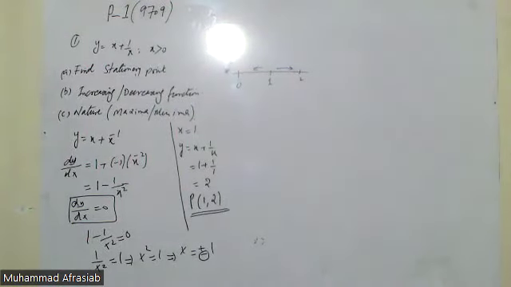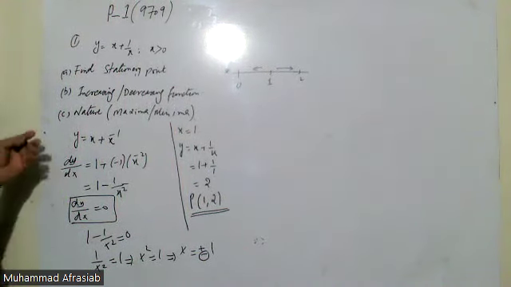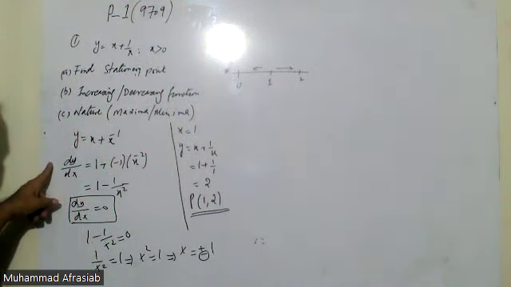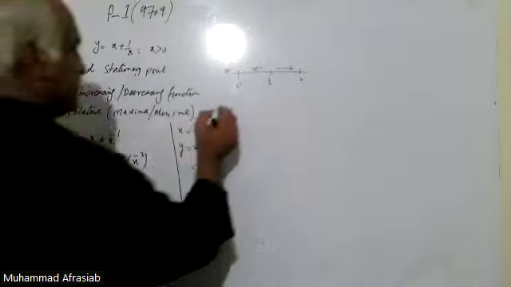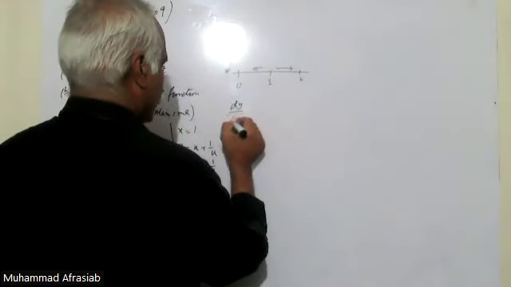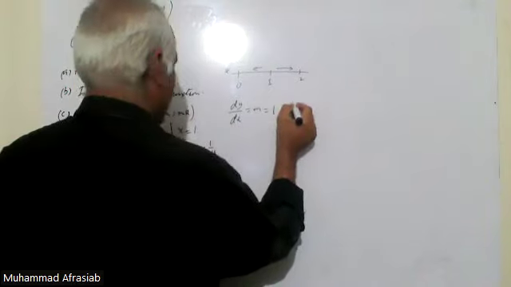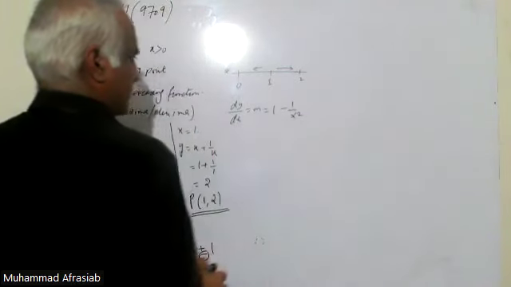But before 1, up till 0, because x is greater than 0, 0 is not a part of the function. So in between 0 and 1, we are going to check whether the function is decreasing or increasing. We have calculated the value of dy by dx, which is the slope, and that is equal to 1 minus 1 over x square.